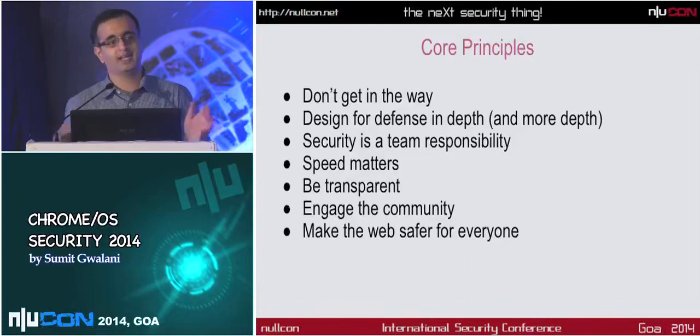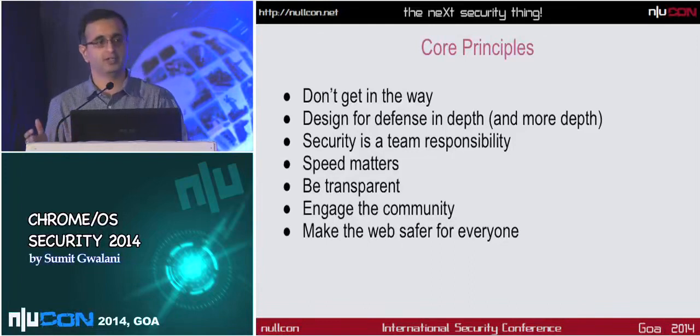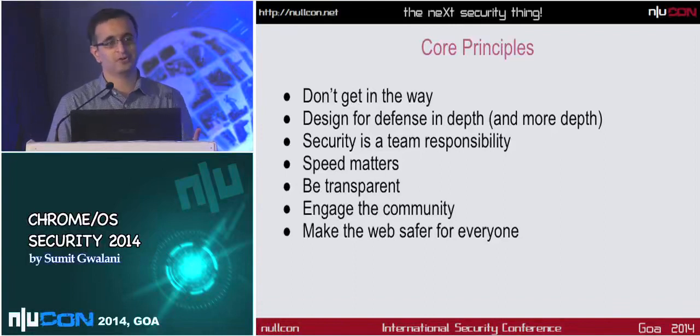Security is going to be completely useless if it's not usable. People are not going to use your secure product if they don't like it, if the UX is not great. So it's very important to design and secure your product in a way that is very transparent, so it doesn't come in the way of the user. That's the key point here.